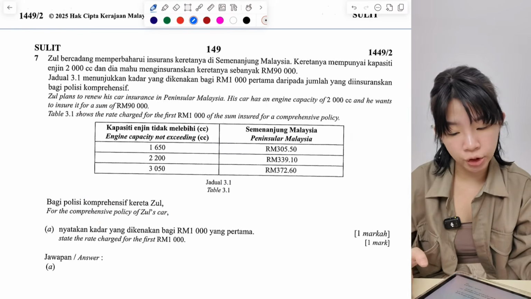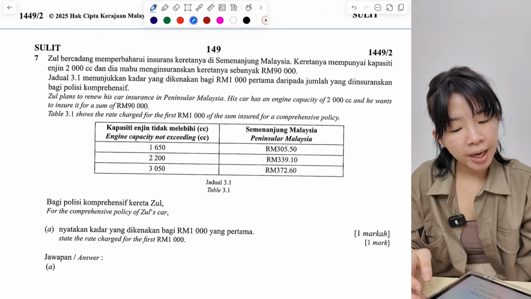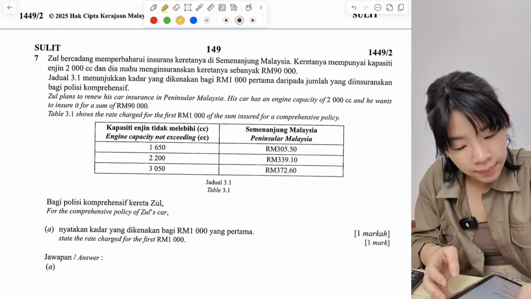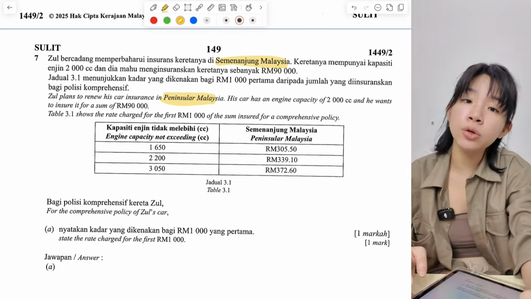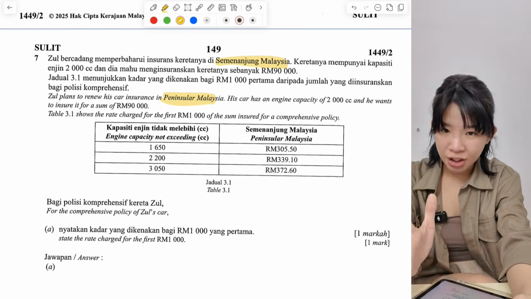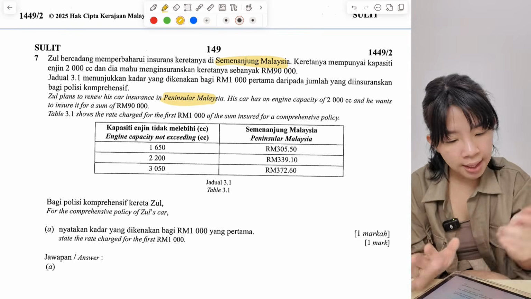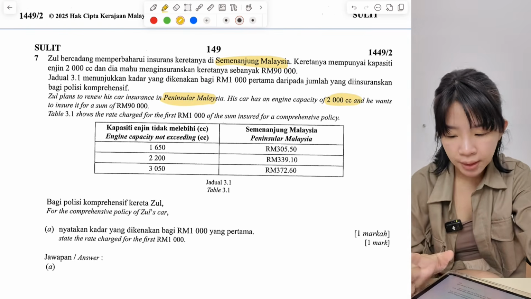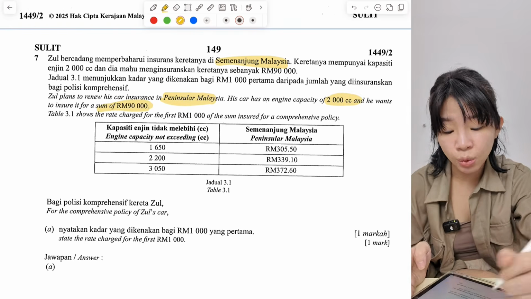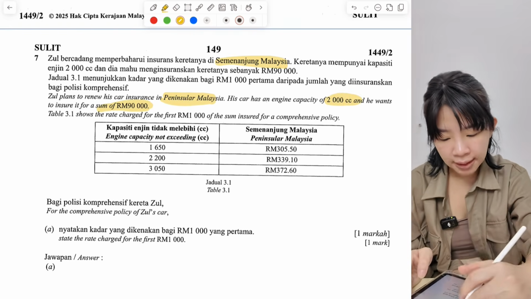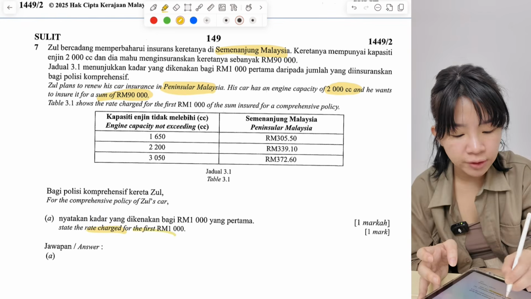This is motor insurance. Zul plans to renew his car insurance in Peninsular Malaysia, Semenanjung Malaysia. For motor insurance, Semenanjung Malaysia or Sabah Sarawak will be two different rates. Okay, his car engine capacity 2,000 cc. He wants to insure some amount 90,000. Okay, for comprehensive policy, number 1, state the rate charged for first 1,000.